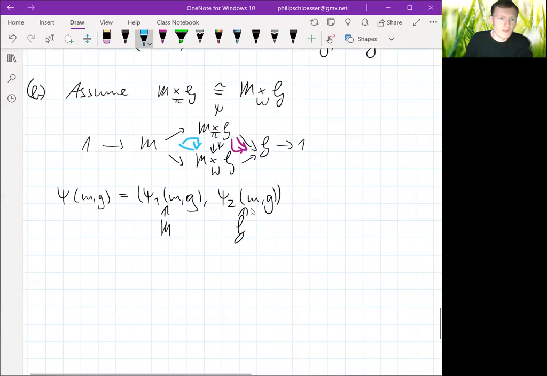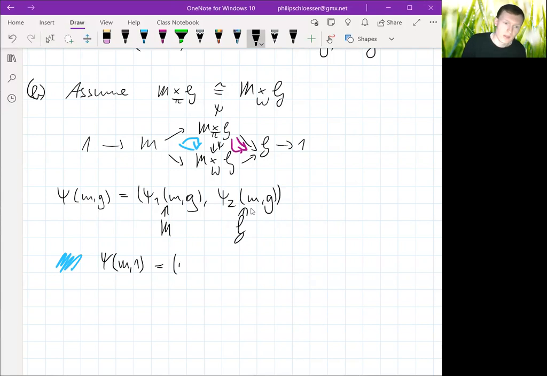And now what do these equations tell us? Well, if we first inject from M into M cross G and then go to the other M cross G, that means that psi of M1 is equal to M1.